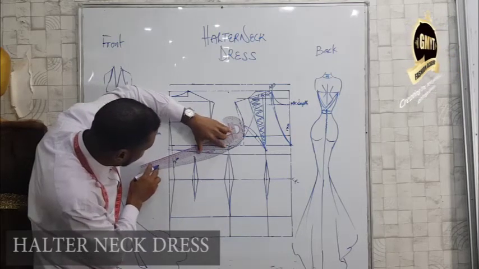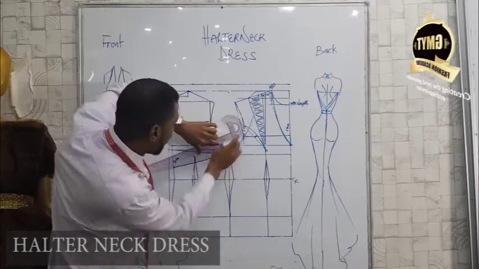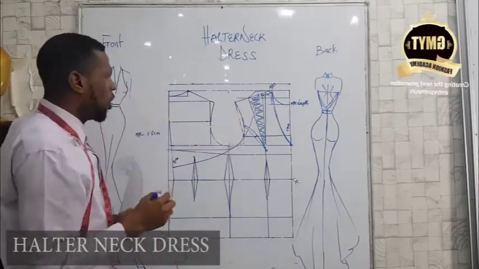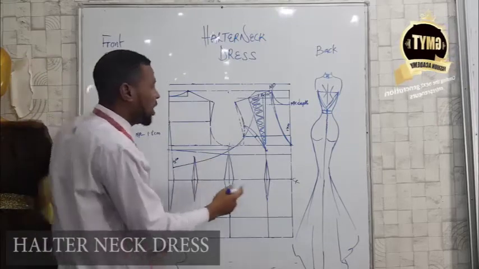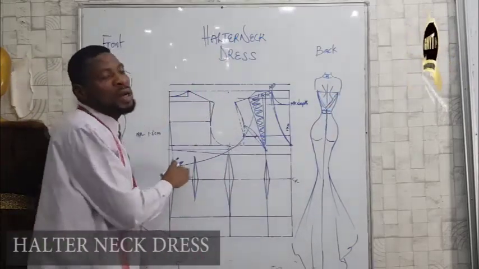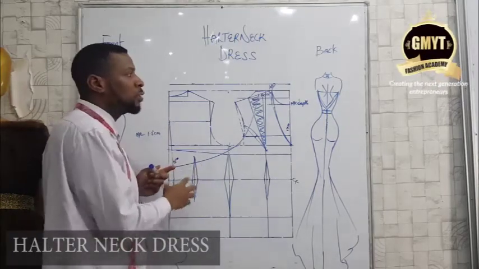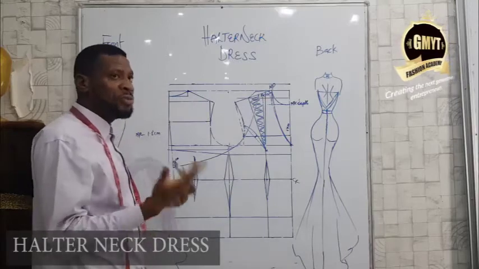Hope you're watching me now. This 7 cm, then you link. Now, you can see that I've been able to get the same V shape that we have on this diagram, also on my pattern. Everything is about understanding the steps to take to interpret your pattern to the style that you have in view.